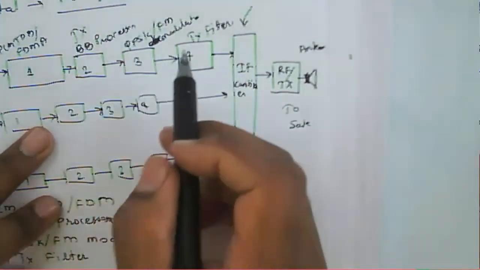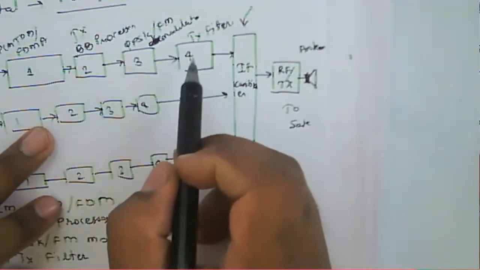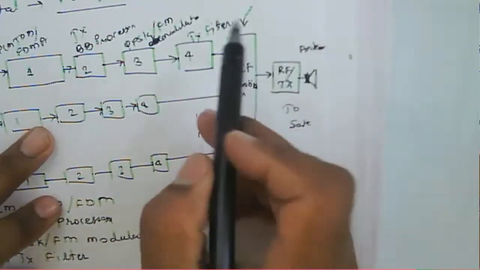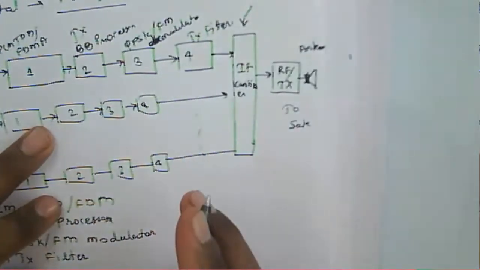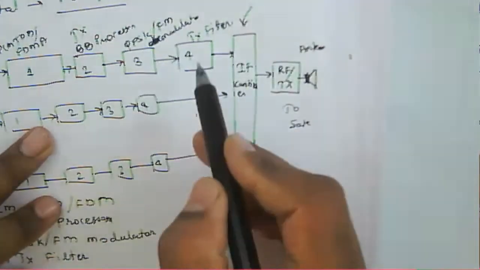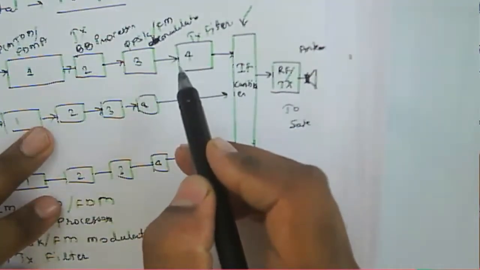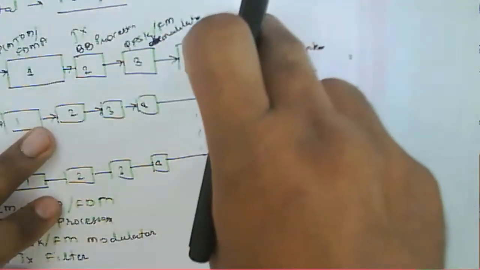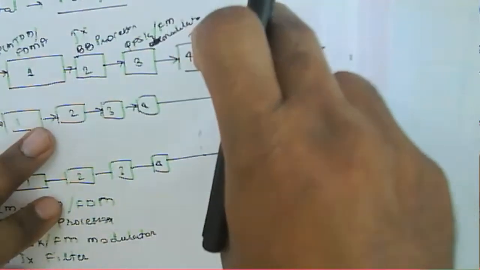Then this bandpass channel filter is used for spectral shaping, and they have different center frequencies and different bandwidths. Then all these transmitting carriers are combined here.